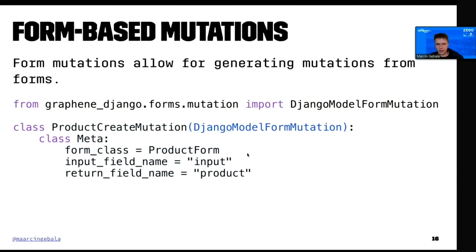And based on that, this mutation would generate for us input for that mutation automatically from that form, the entire logic would be delegated to the form, and the output would be the new product instance or errors, those validation errors that could happen during the execution of that mutation. So this is a very useful abstraction if you like forms, which are really a nice tool provided by Django. Also, you can benefit from forms to, for example, encapsulate the validation logic in those forms. So this is a very helpful abstraction if you need to build a lot of mutations like this.